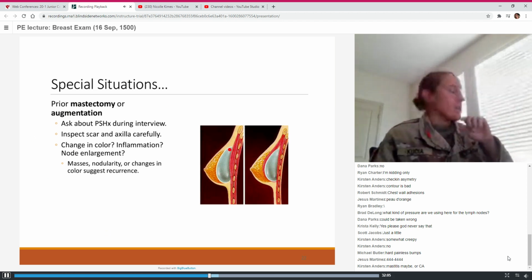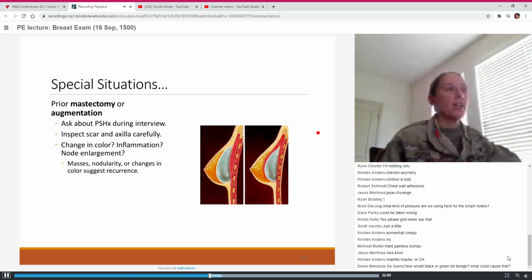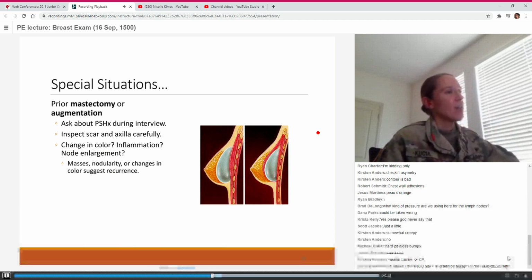Okay, special situations. I kind of hinted at this with the mastectomy and the augmentation. Oh, question first. How would black or green be benign? What would cause that? So black, I don't know that I've ever seen black. I would say green would be more an indication of an infective process versus a cancerous or malignant process.